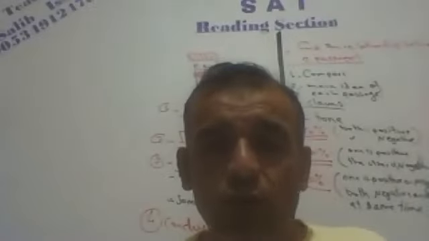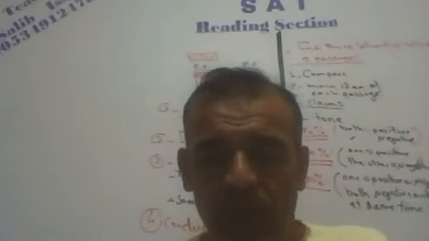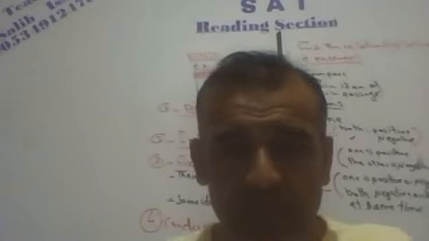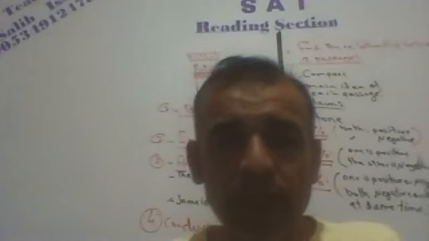The claim. What is the claim? Claim, for example, what the author wants in the passage. For example, in a historical passage, the claims: what does the author want in this passage?